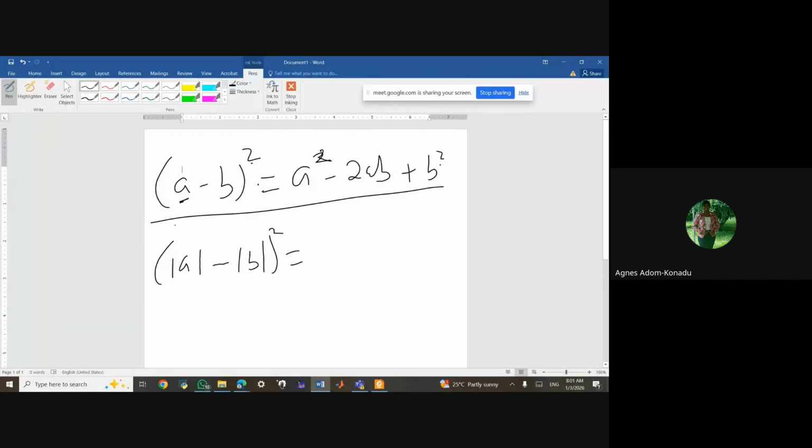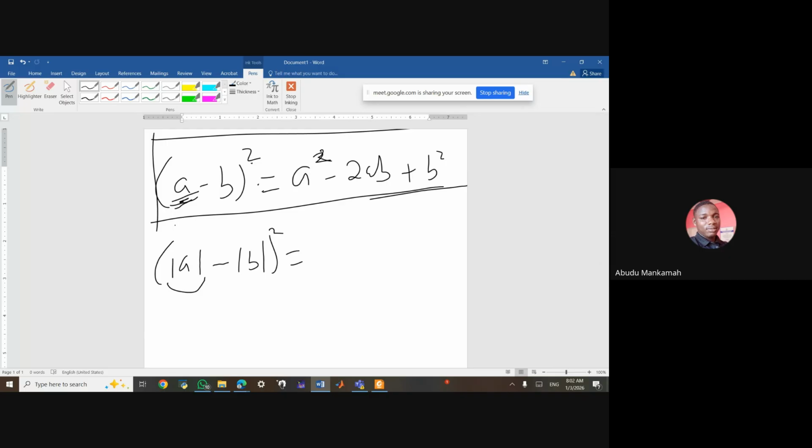So in place of A, I'm bringing absolute of A. In place of B, I'm bringing absolute of B. So use this idea to expand this one for me. Remember, this is not A, it's absolute of A. So what should I write here?